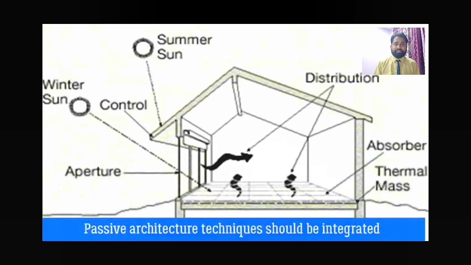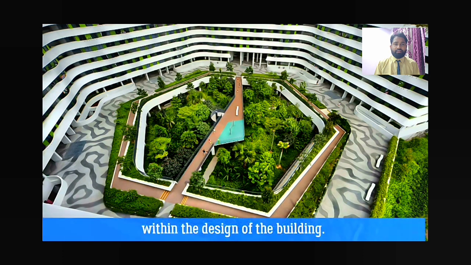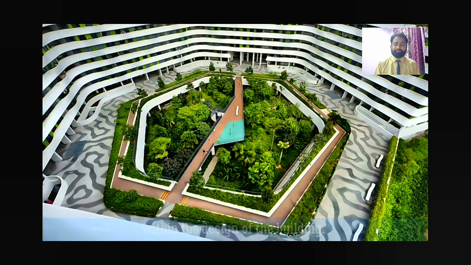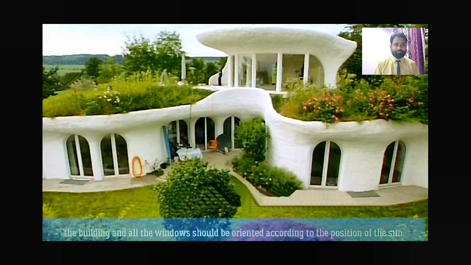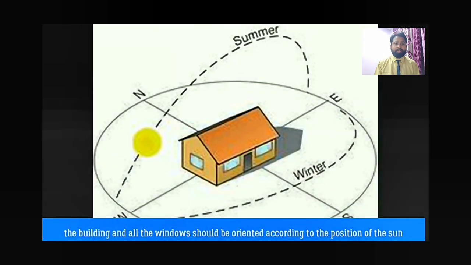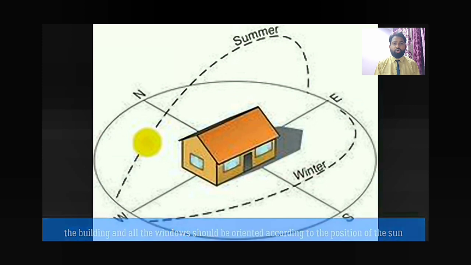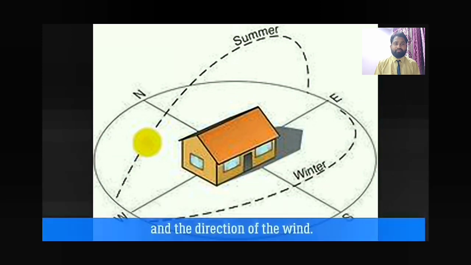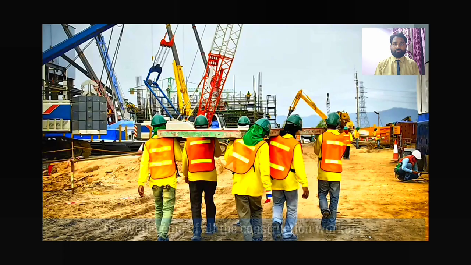Passive architecture techniques should be integrated within the design of the building. For example, the building and all the windows should be oriented according to the position of the sun and the direction of the wind.